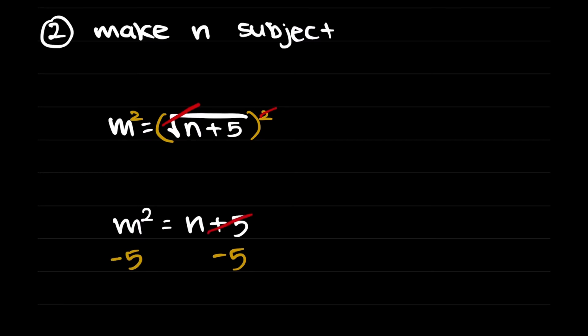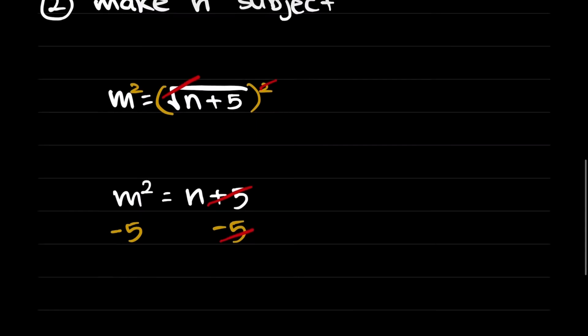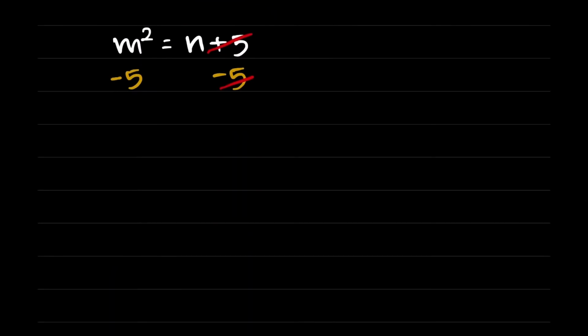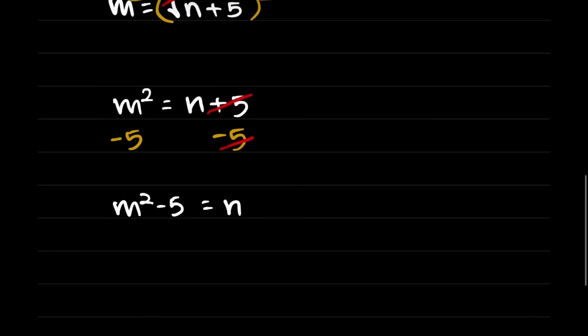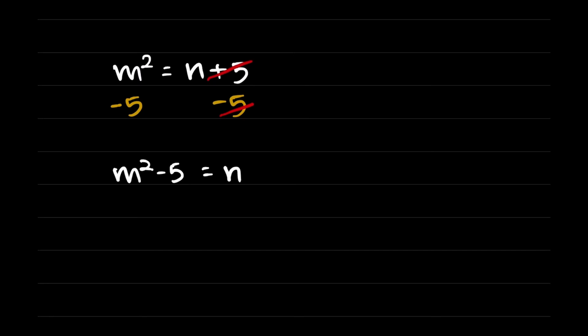So the plus 5 minus 5, they cancel each other out. On the left hand side, you are left with m squared minus 5. And that is simply equal to n. So that is the final answer for this question, because again, we have identified what our subject is, which is n. And over here, we know that n is basically just m squared minus 5.